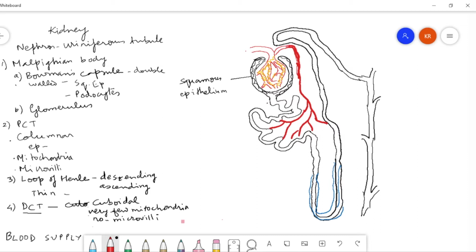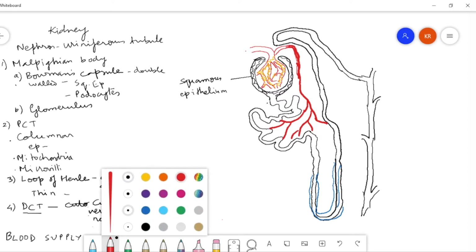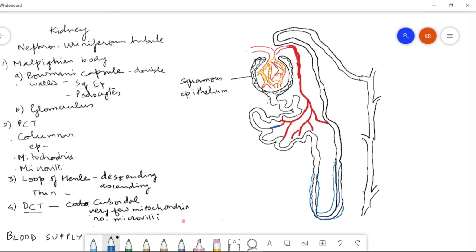So this is now branching off and we are showing it in red color, but very quickly it is getting the characteristics of a vein.